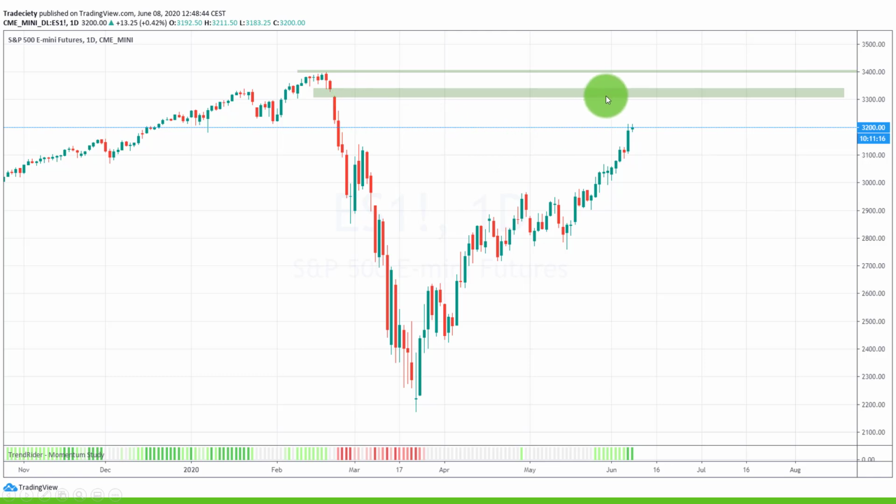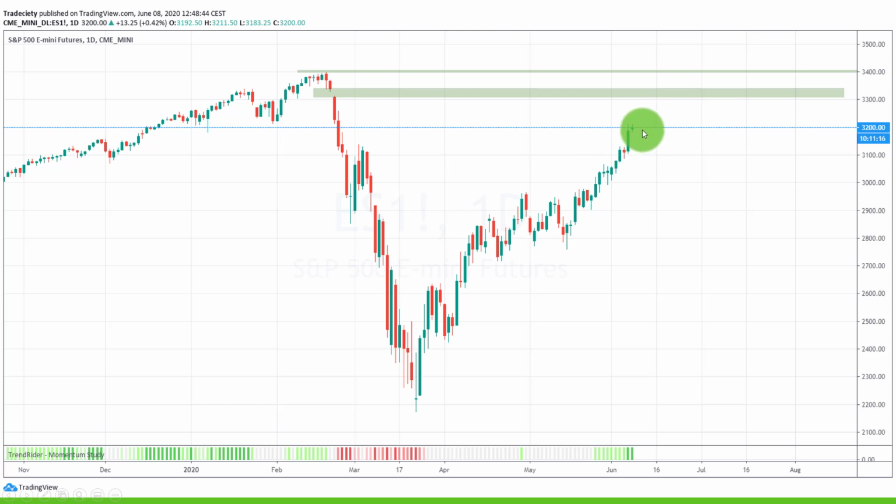So when the price comes close to those areas, there's a high chance that the price will make the final run and close the gap. Just a little bit above the gap, at 3400, is the all-time high for the S&P. Whereas the Nasdaq already made the all-time high last week, the S&P and other indices are on their way. You can also see the market is trading into this previous support, which could turn into resistance, but right now it still looks quite bullish.